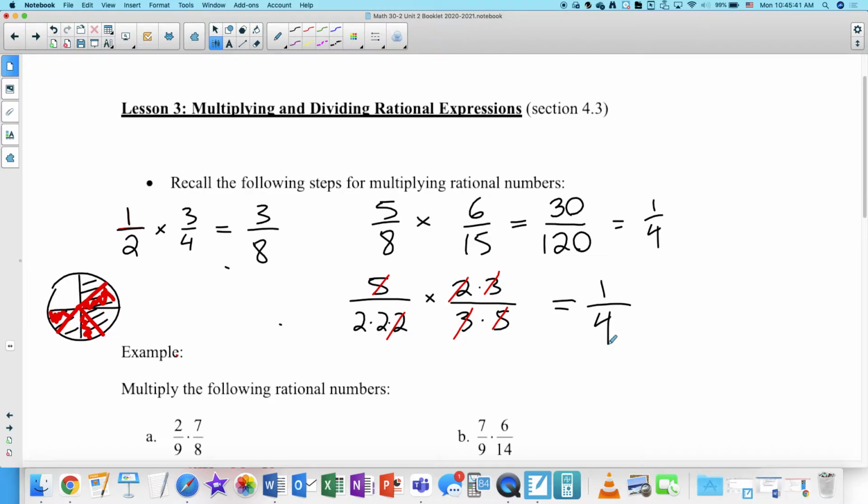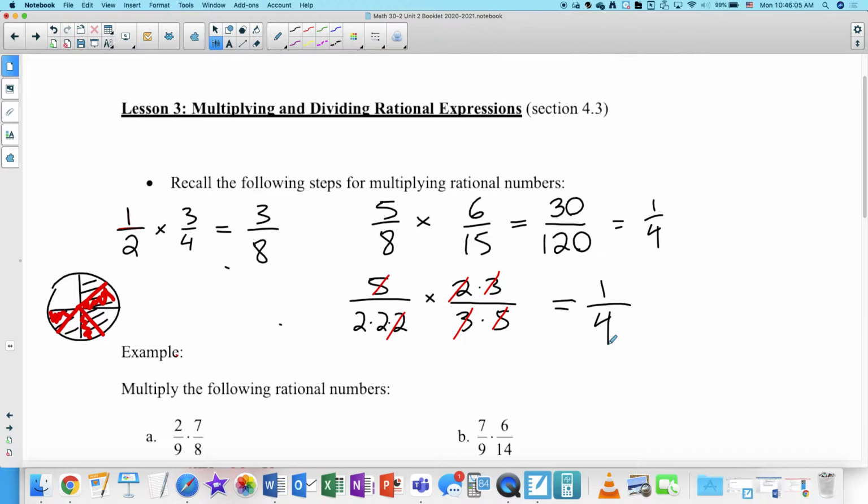So there are 2 ways of doing this when we're working with numbers. You can multiply first and then simplify, which is what we did up here. Or you can think about factoring first, cancel the common factors first, and then multiply what's left. That's the process that we need to use when we're working with rational expressions, because we don't actually have numbers to cancel. We have factors of polynomials.